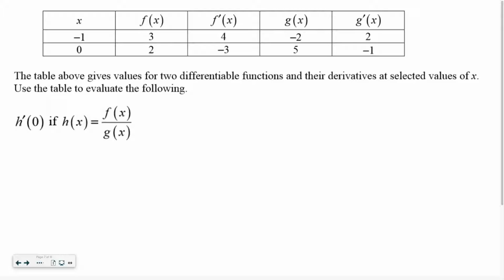Okay, so I'm asking you for h prime of 0. I'm asking you for h prime of 0 when h of x is f of x over g of x. So should I plug in 0 right now? No. What do we need first?